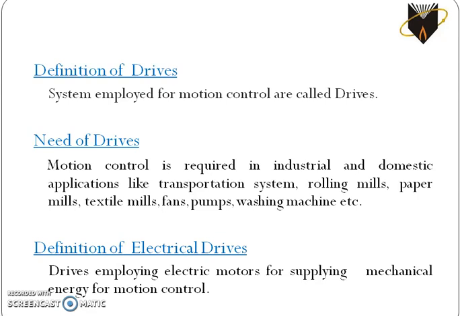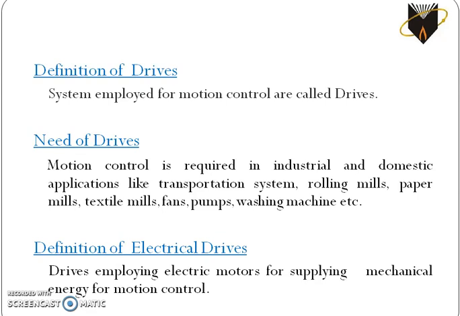For that, a load is present. The fan has to rotate, but it is a controlled one. We have a regulator for the controlling purpose. The fan is controlled by the regulator. So it is a small, simple drive system we can see in our home.